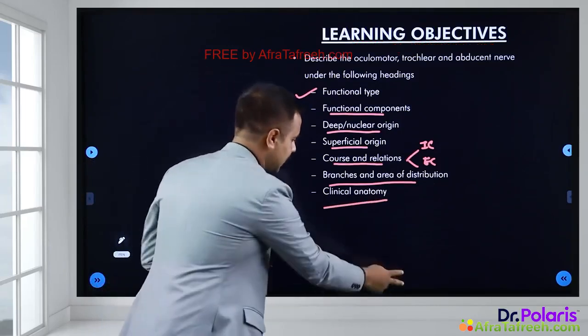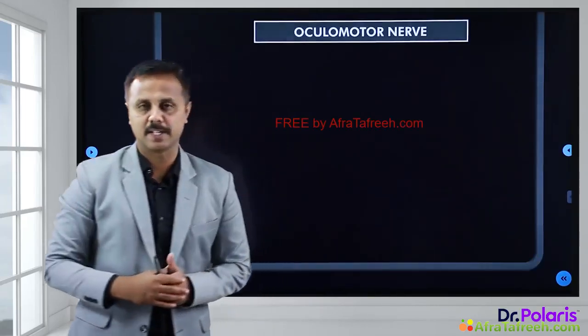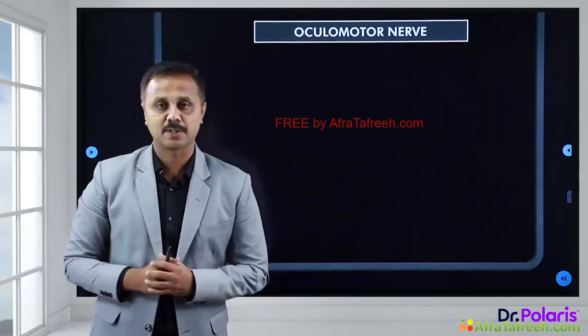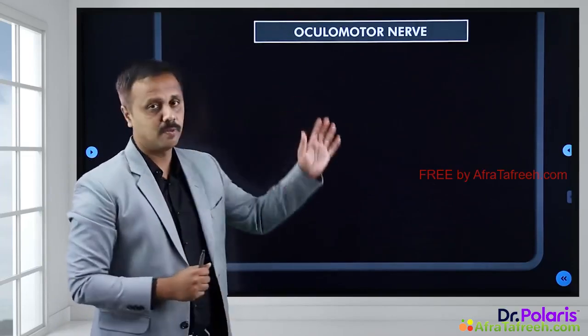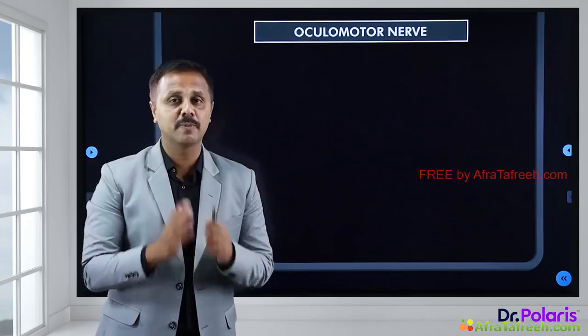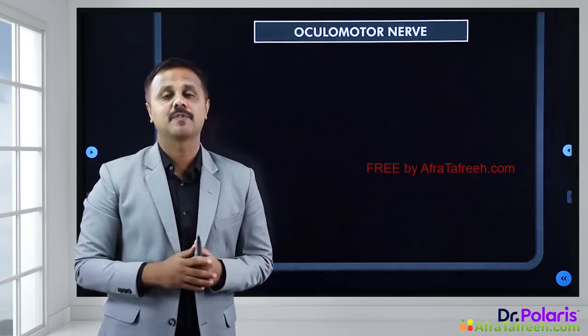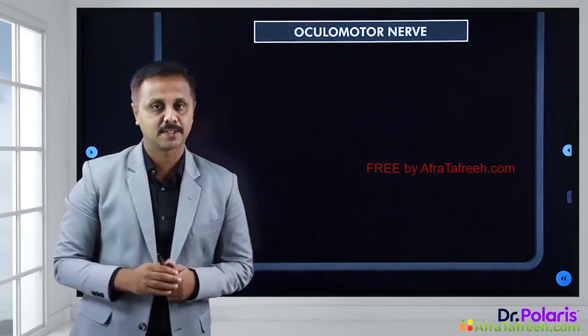Let's begin with the detailed anatomy of the third cranial nerve or the oculomotor nerve. Just a few lines about the introduction to the oculomotor nerve. It is called so because it brings about the movement of the eyeball. It supplies almost all the muscles of the eyeball except for superior oblique and lateral rectus.